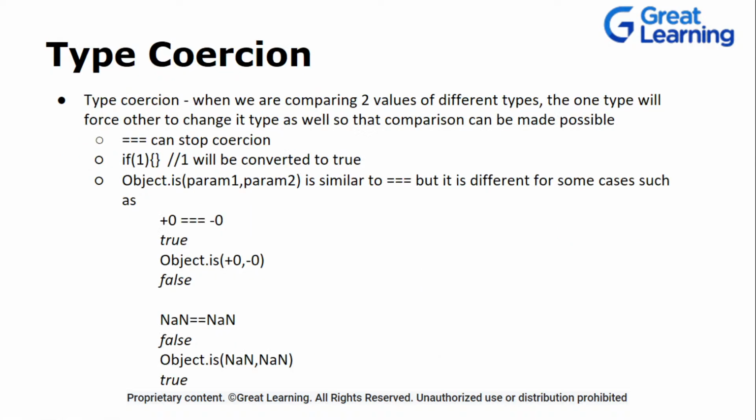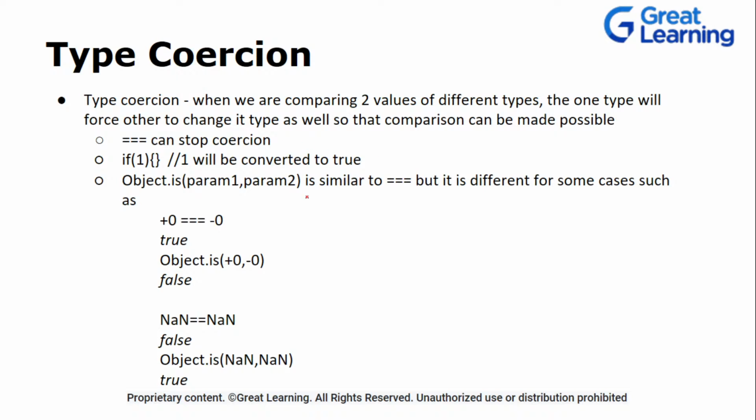Now let's talk about type coercion. When we are comparing two values of different types, one type is forced to change into another. As we have seen earlier, n was forced to change. To check the type of a variable, you have an inbuilt function known as typeof. You can use that function in order to check that.